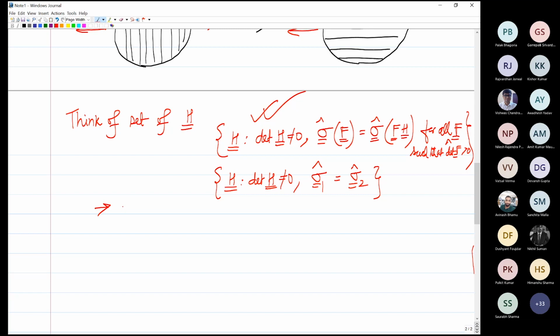Okay, we can also say, for now, that this is the set of transformations of the reference configuration which leaves the stress response function unchanged.